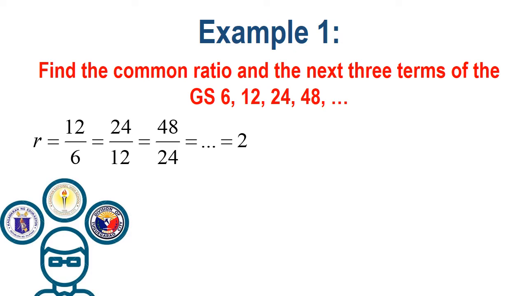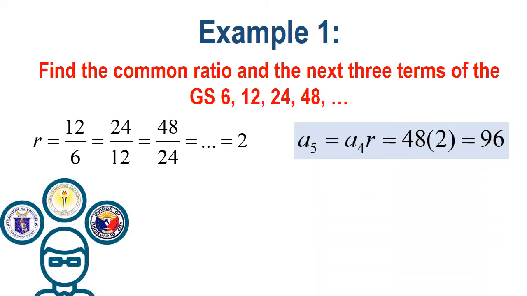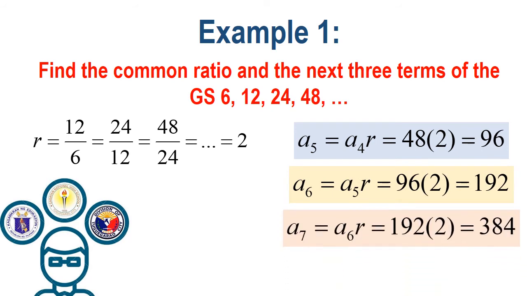Hence, we have 12 over 6, or 24 over 12, or 48 over 24, and so on, which is actually equal to 2. Therefore, our common ratio is 2. The next three terms are 48 times 2, which is equal to 96, 96 times 2, which is equal to 192, and 192 times 2, which is equal to 384.